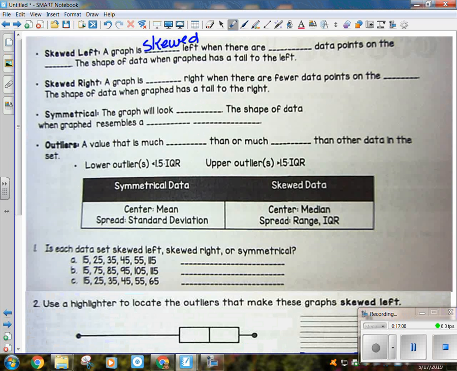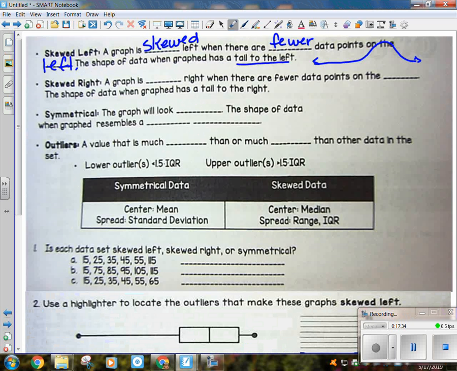It's skewed to the left when there are fewer data points on the left. The shape of the data when the graph has a tail to the left. In other words, I have a tail to the left, and then here are my data points. I have a lot of extra space on the left-hand side that I don't have on the right-hand side. So that's what it means to be skewed to the left.